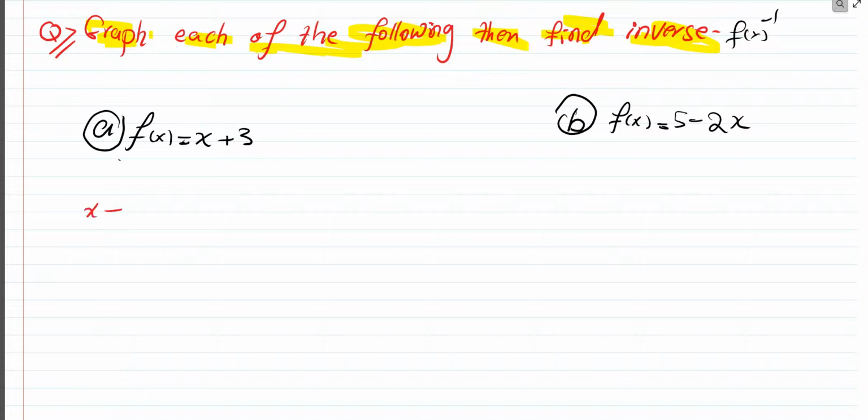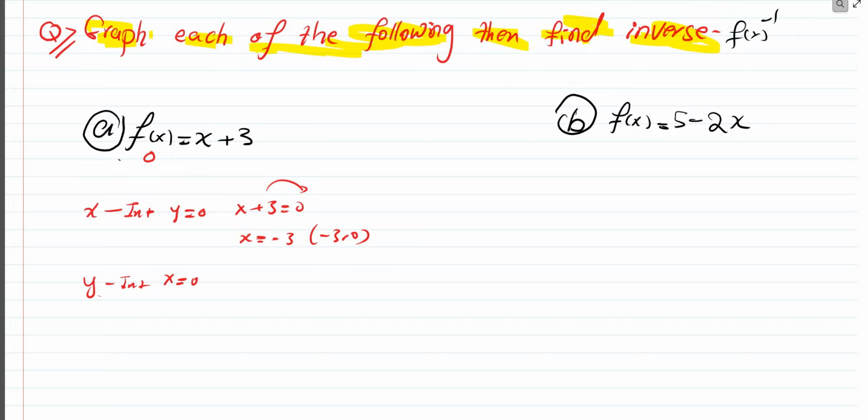So if I find the x-intercept here, in the x-intercept y equals 0, right? So if y is 0 here, I will get x plus 3 equals 0. Move 3 to the other side, I will get x equals negative 3. So the point becomes negative 3 and 0. And if I want to find the y-intercept, in this case x equals 0.